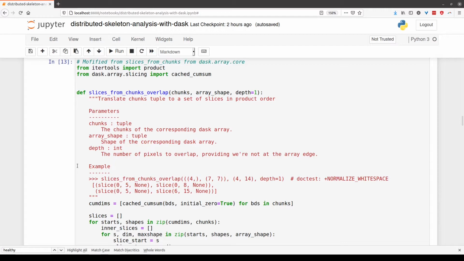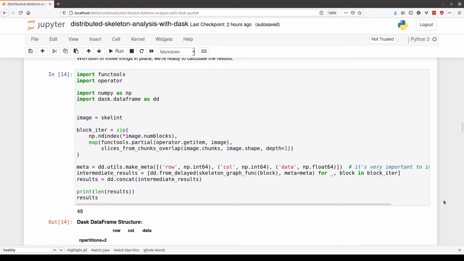You need a 1 pixel overlap between skeleton chunks so that we can tell whether or not the skeleton branch ends at that pixel or if it continues just into the next chunk. There's a function in Dask called slices from chunks, and we were able to use that as inspiration and modify it slightly so that we could take not just the chunk but the slice plus some overlap if there was a neighboring chunk on that other side.